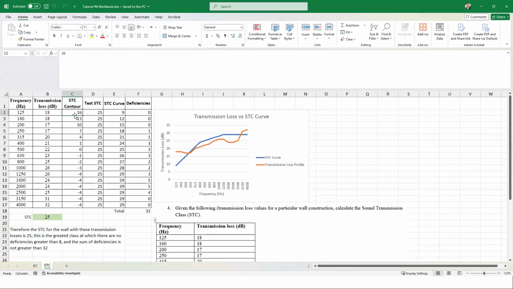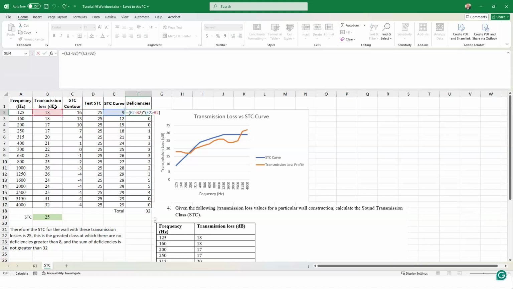And normally you're given the STC contour, transmission loss, and everything else. Then you have a test STC, which is essentially this number. And then you have the STC curve. How's that calculated from STC contour to the test STC? And then the deficiencies is calculated using this simple equation.